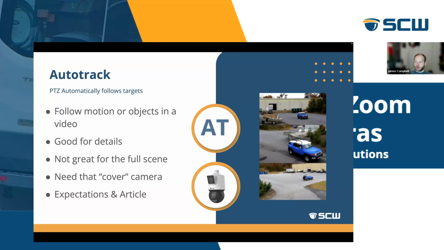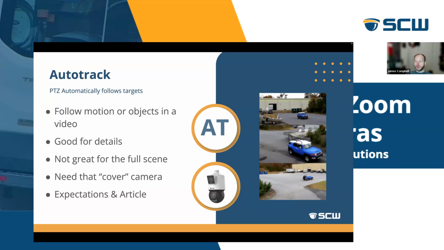So definitely have a cover camera. One of the ones I really like for auto tracking, and again we'll go over our PTZs specifically in a little bit, is the Watchkeeper Dual Vision. It has the fixed lens built into it, so it solves that issue by giving you that cover camera built in with just one cable. I really like that for people who are looking into it.